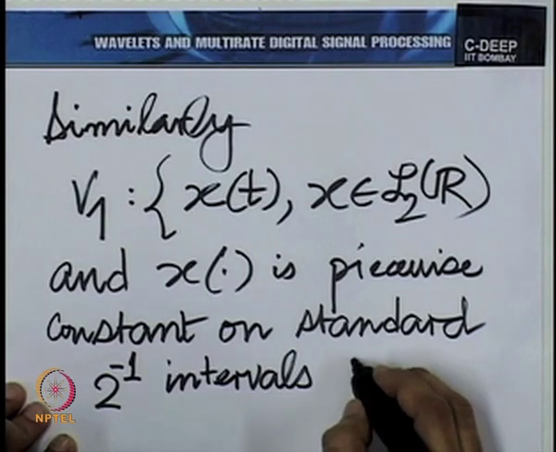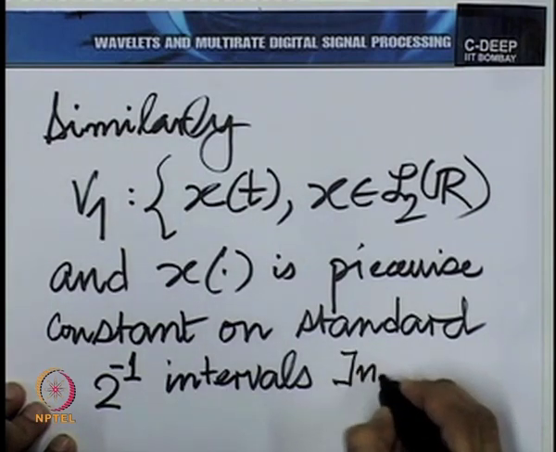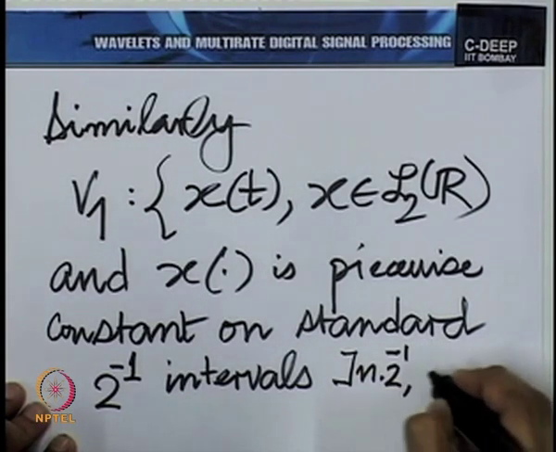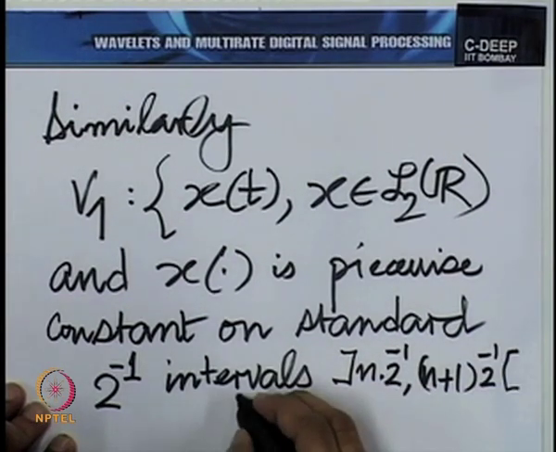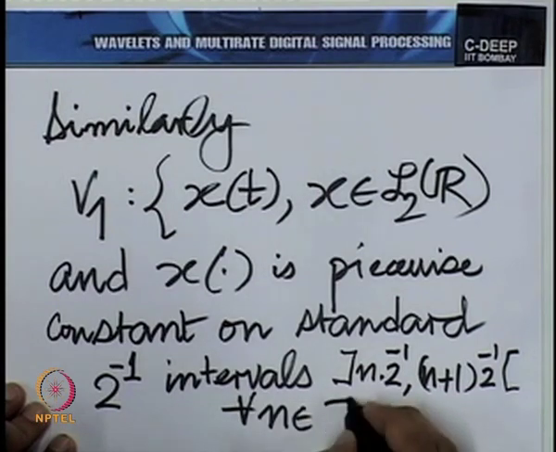That is intervals of the form n into 2 raised to the minus 1, n plus 1 into 2 raised to the minus 1, for all n integer.